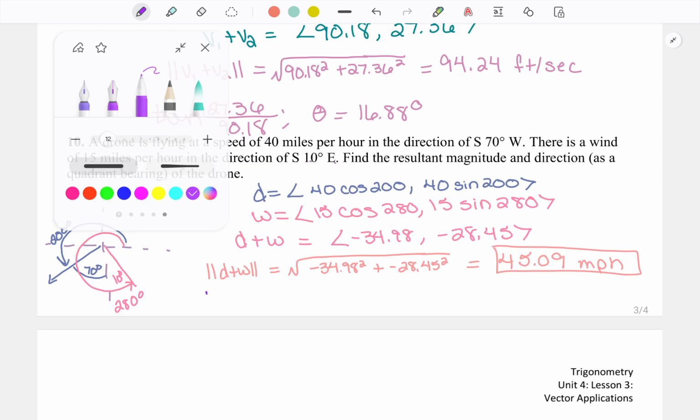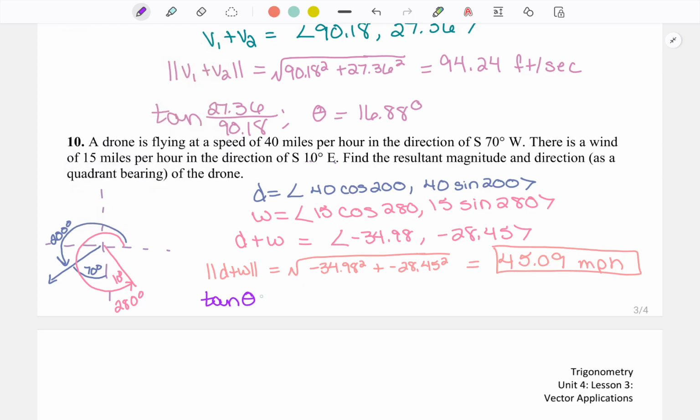So then for our angle, we will have the tangent of theta equals 28.45 over 34.98, which makes theta 219.12 degrees. And then as a quadrant bearing, that is going to be south 50.88 degrees west.